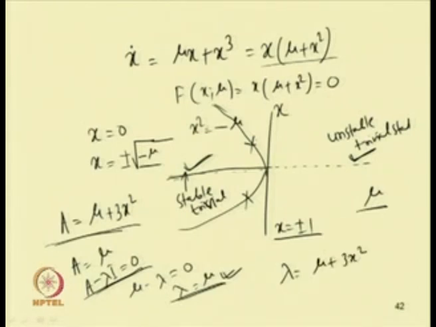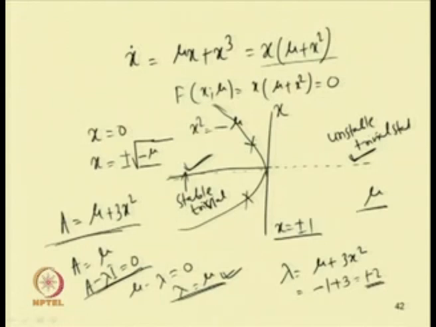Let us take mu equal to -1. Corresponding to mu equal to -1, we have x equal to +-1. So 3x square becomes 3 into 1, which is 3, so this becomes +2.